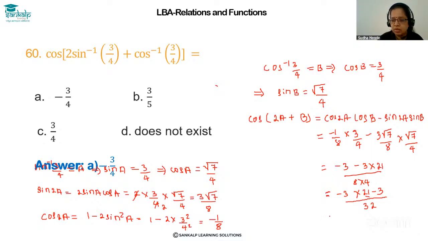Okay. That is equal to minus 3 by 4. Okay. So check the options. Option A minus 3 by 4 is the correct answer. Thank you.